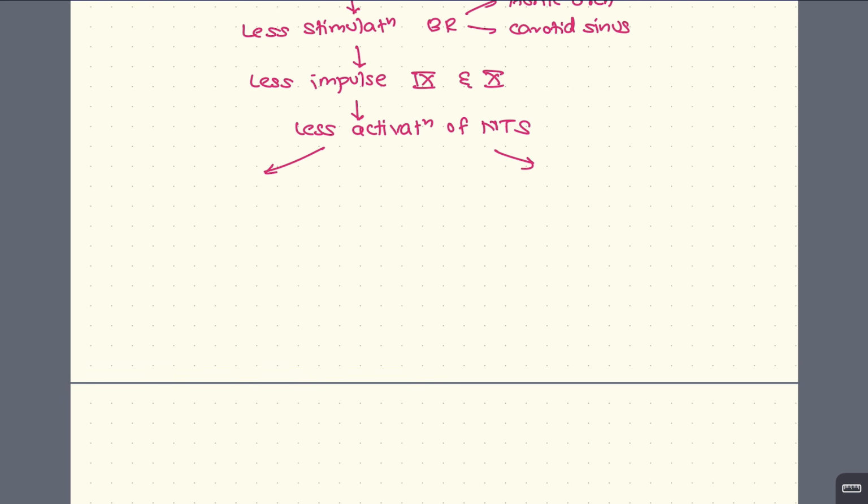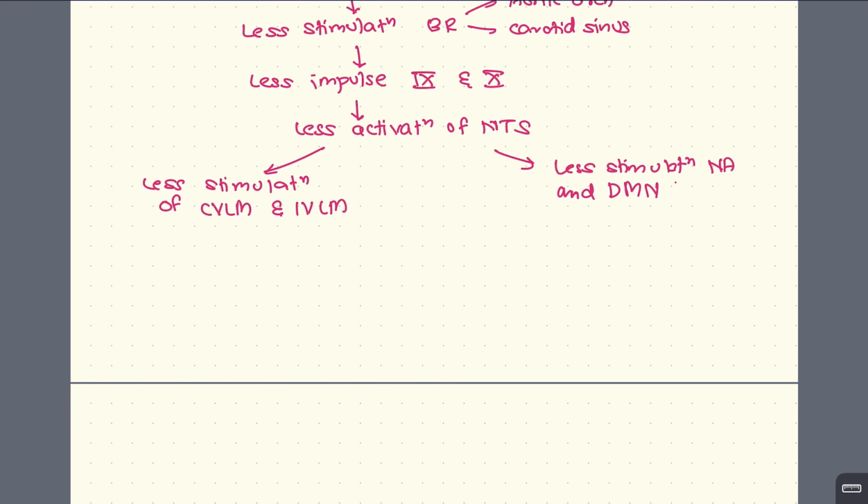Now what does this cause? There is less stimulation of CVLM and IVLM, and also less stimulation of nucleus ambiguus and the dorsal motor nucleus of the vagus.